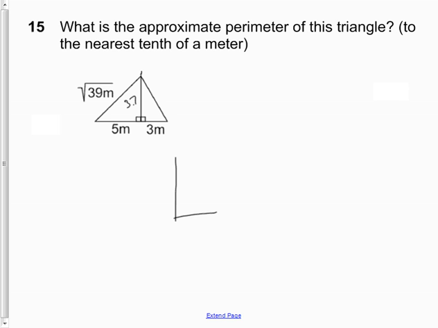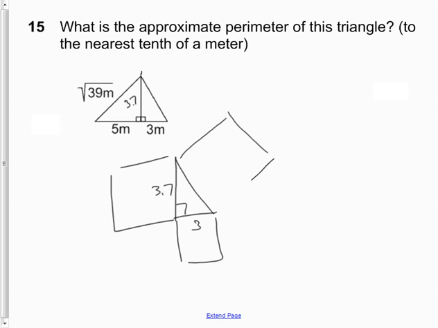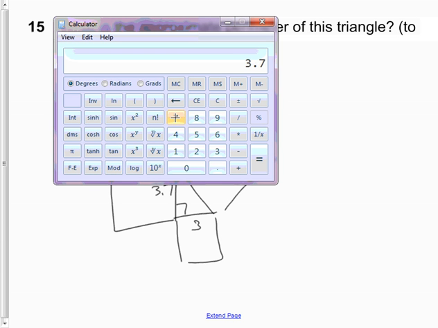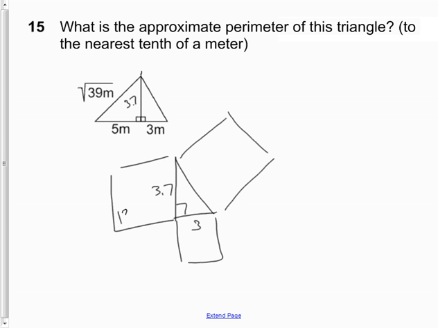Okay, so now we need to take this new triangle, put 3.7 here and 3. Oh, this is the worst question I've ever asked. If I put squares on each of these, 3.7 squared is roughly 13.7, so 13.7 goes here.